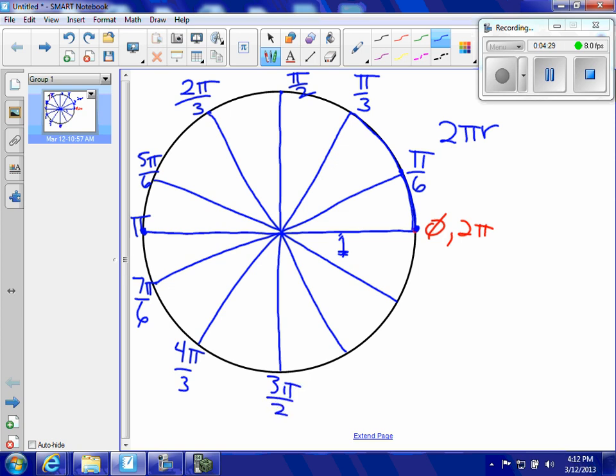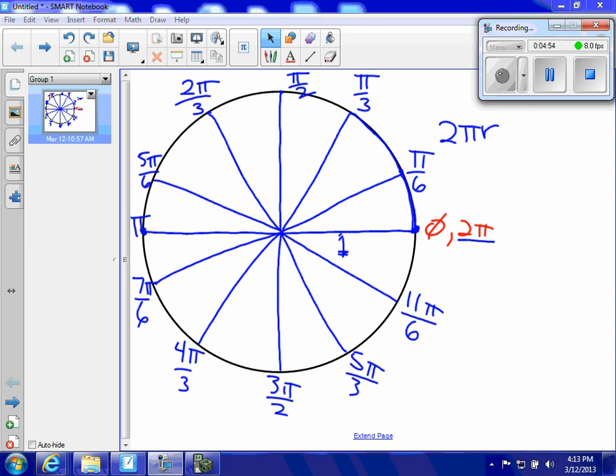And 10/6 of a pi is the same thing as 5 pi over 3. And then we have 11/6 of a pi. I'm sorry, 11 pi over 6. And then we're back here to 12/6 of a pi, which of course is 2 pi. So we've divided up our circle into 6ths.